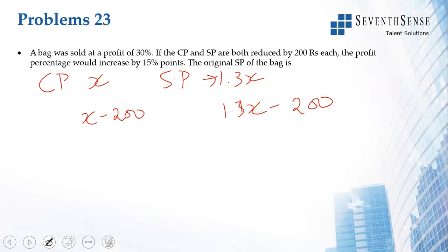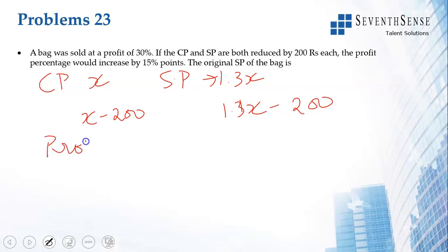The profit percentage would increase by 15 percentage points, which means profit was 30, now it becomes 30 plus 15, 45.